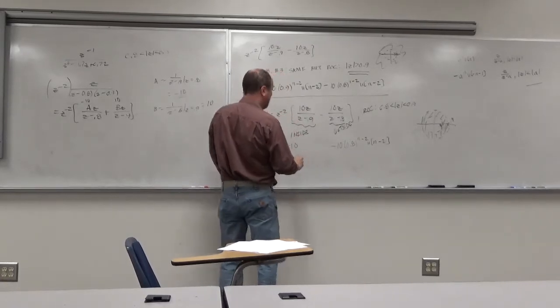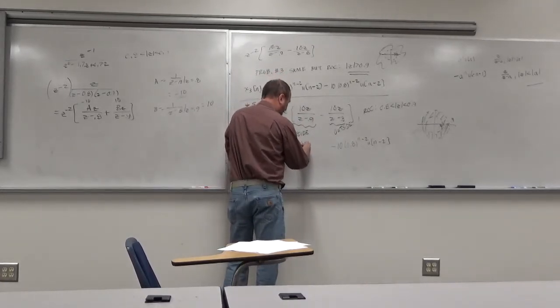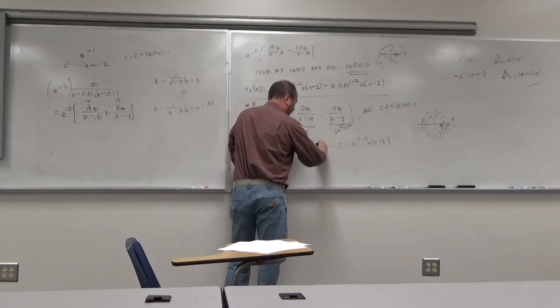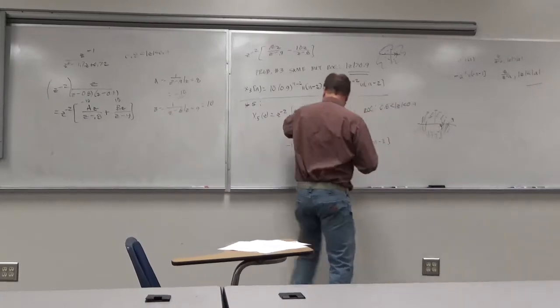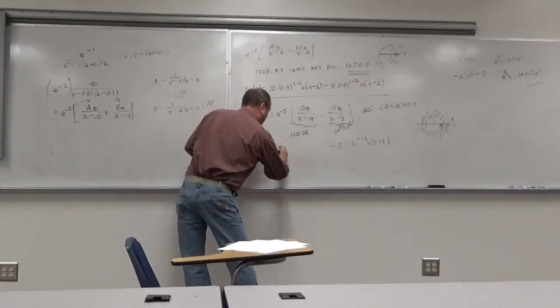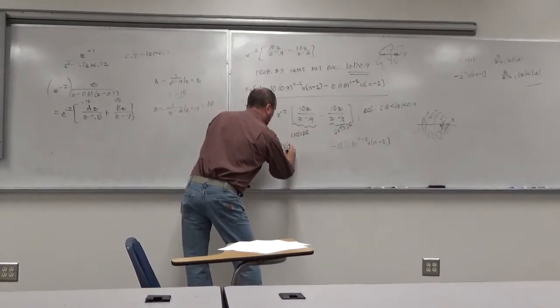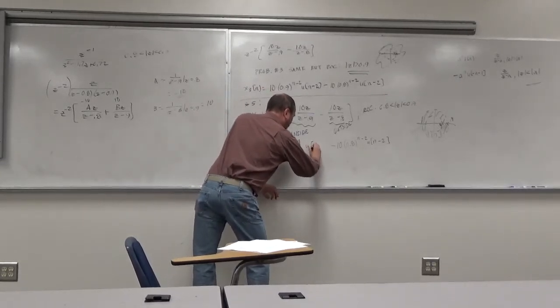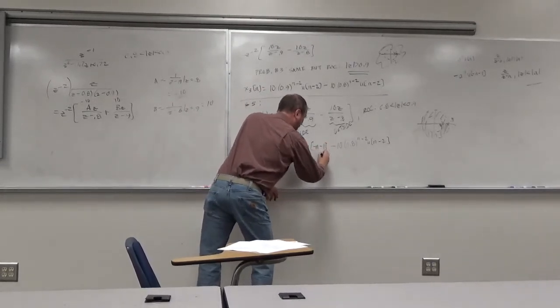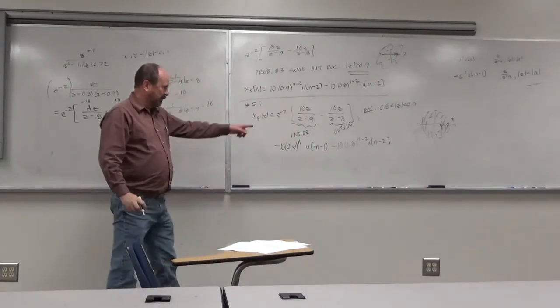And then a to the n, so it's 0.9 to the n, u of negative n minus 1, except, I'm going to rewrite that.